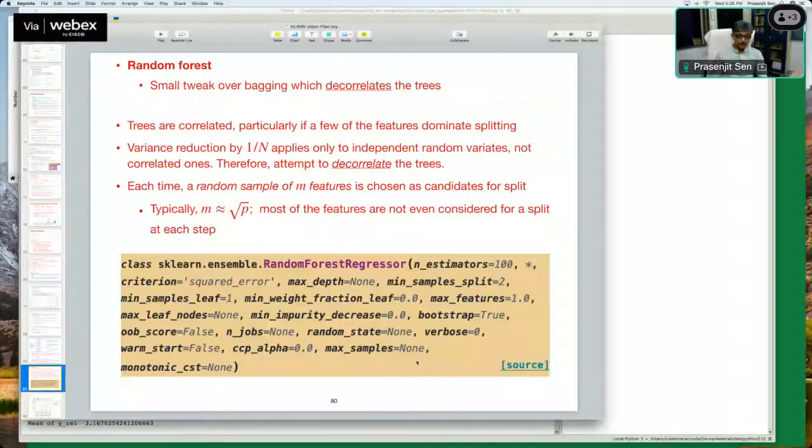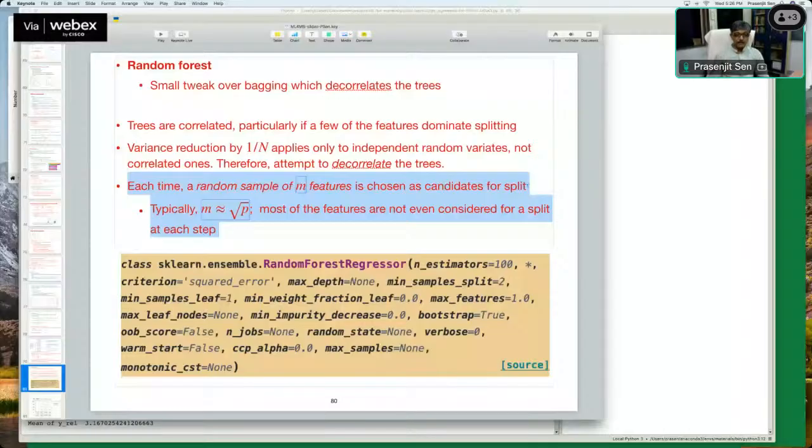So I'll make this statement and stop here, and the rest I'll take up next time. What we said was that when we are trying to split the feature space, we consider all features, we consider all values of them, and then decide where to split.